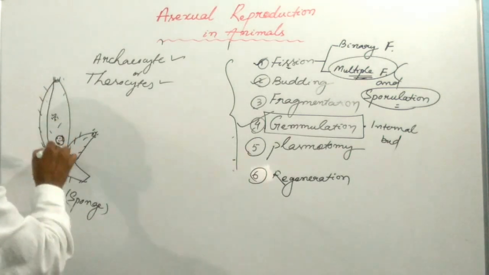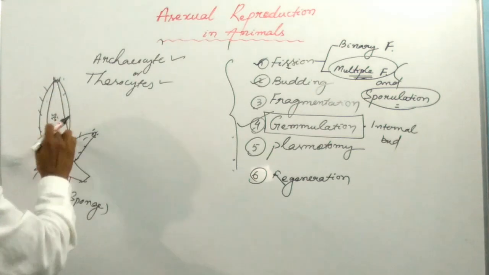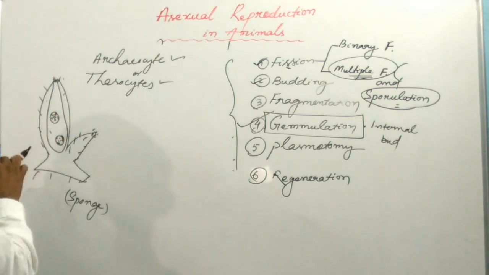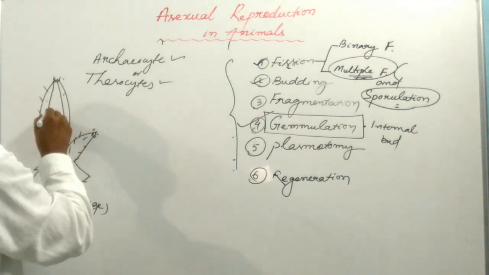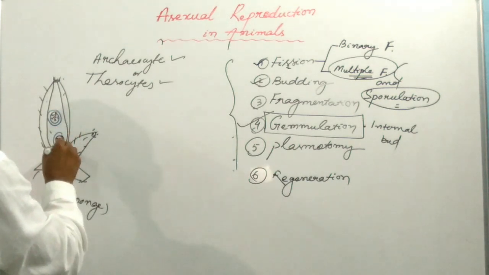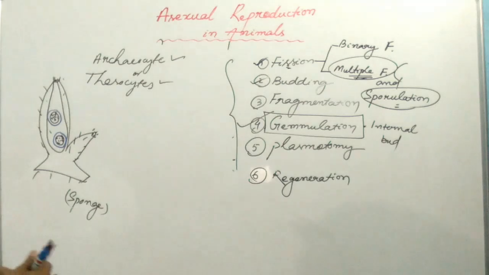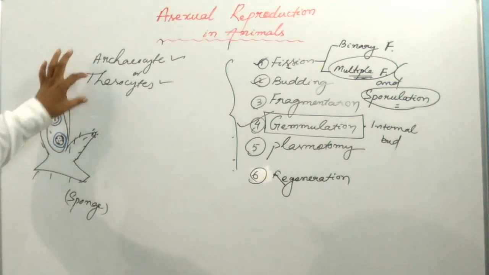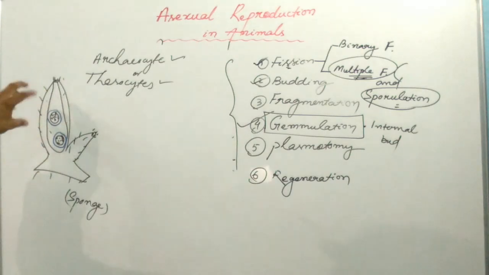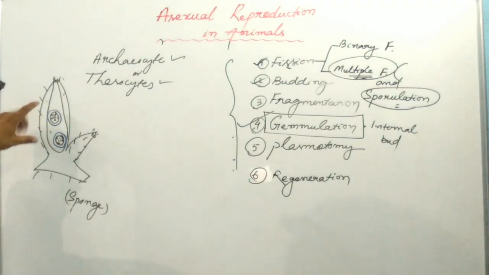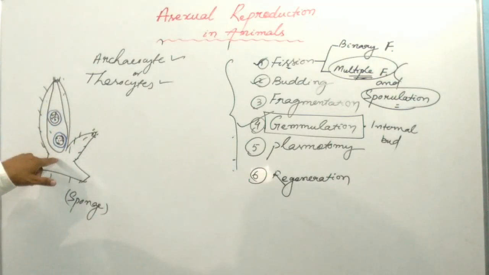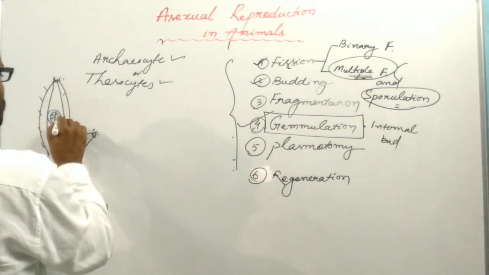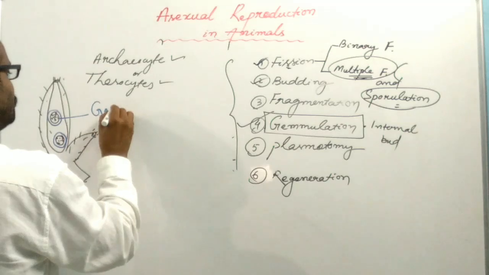Suppose that this is the internal cut open structure and this is the formation of gemmules. So in unfavorable condition, the archaeocyte cells and thesocyte cells inside the spongocoel, the body cavity of the sponge, form a ball-like structure known as the gemmule.